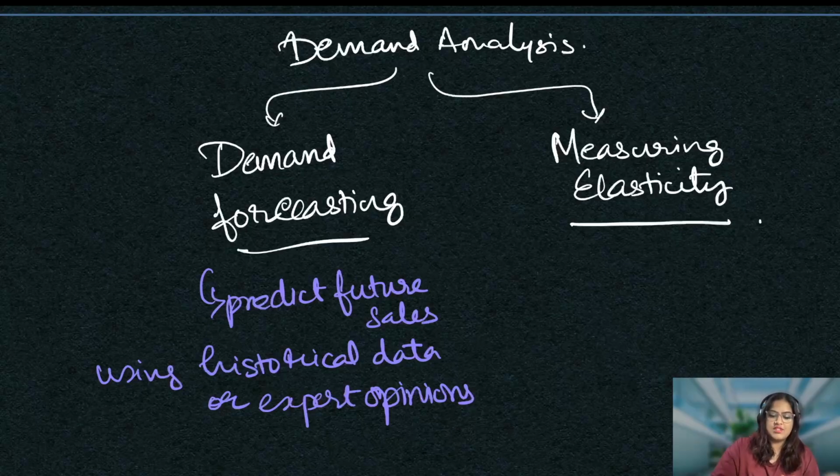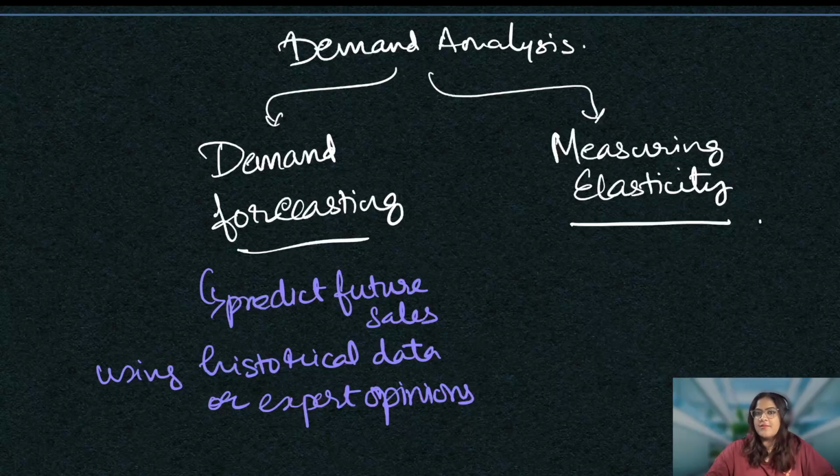Now, what is measuring elasticity? This is a huge part of demand analysis and it lets businesses know how much of a change will happen in the quantity demanded when price or other factors change. For example, if the pharmacy increases the price of insulin, it will not create much change in the quantity demanded for that product, because people who have diabetes, who have been prescribed insulin, will have to purchase insulin regardless of whether the price increases or not.